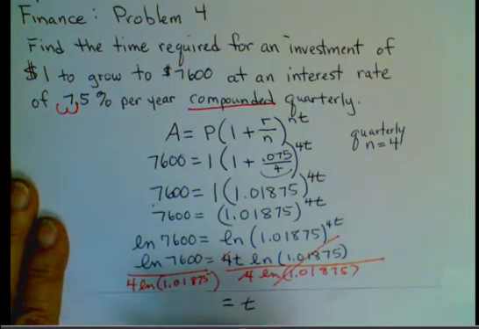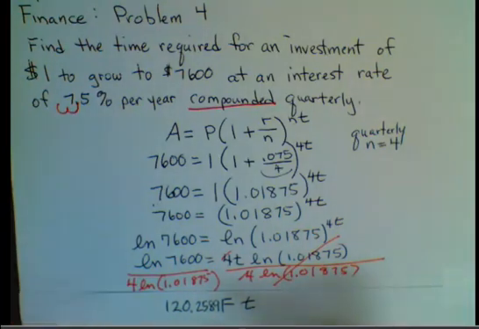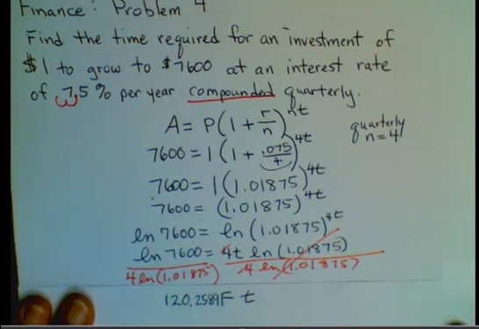And you should get 120.25891. They wanted the answer to 2 decimal places.